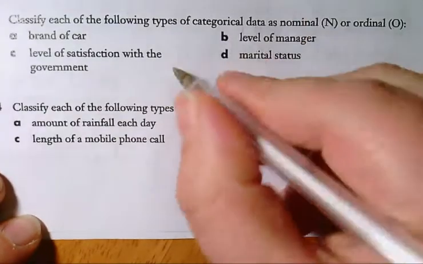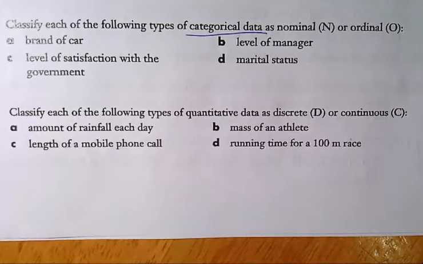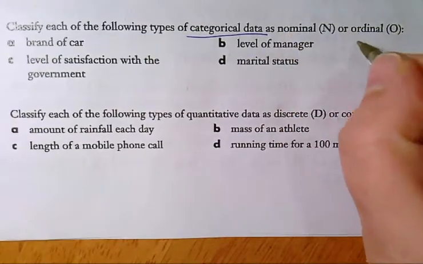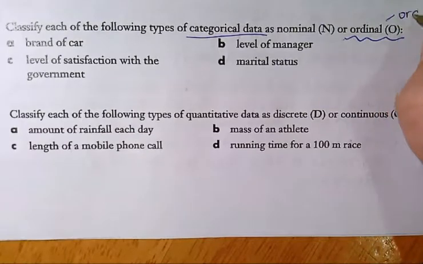Now, in question 3, these are all categorical data, but you have to decide if they're nominal or ordinal. So basically, it's really hard to sort of remember what nominal is, but just think that ordinal, that's the one that can be ordered.